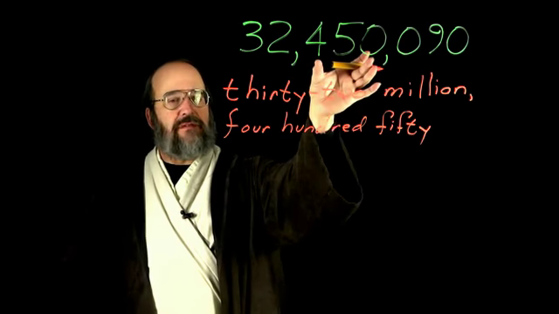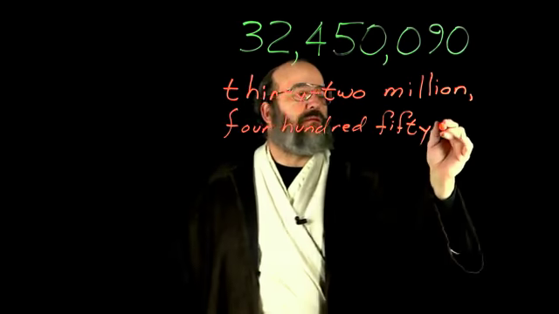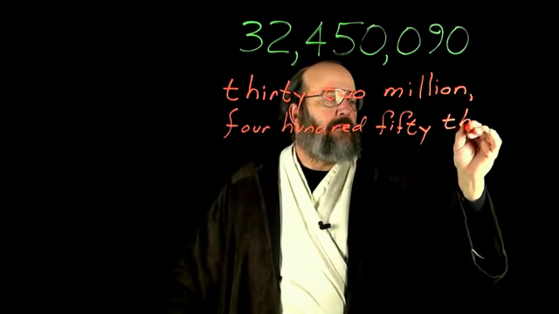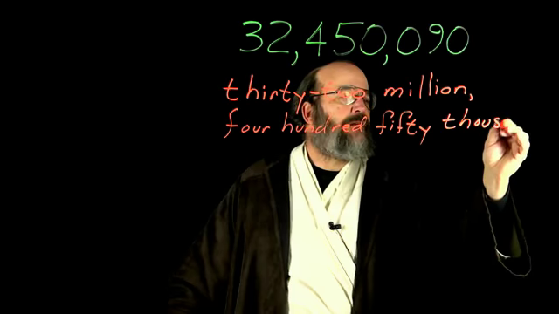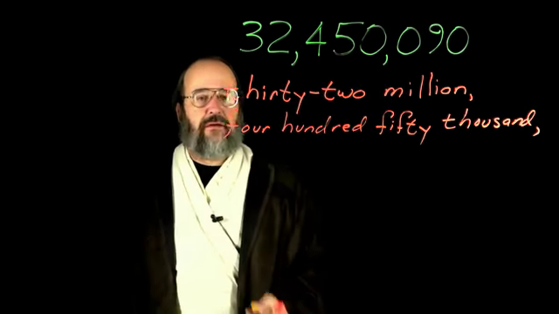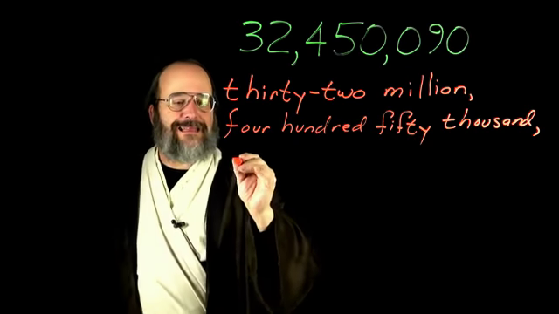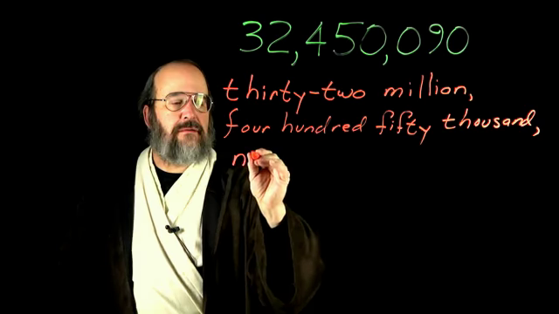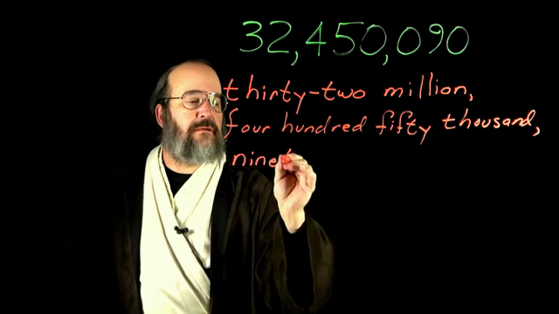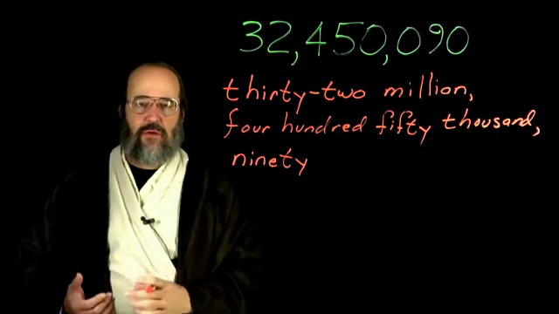Now, what's the period that we're in here? Ones, thousands, so we write thousand. Put in a comma, just like what we have here. Now we go to the ones, what do we have here? 90. And that's where we can stop. We don't need to put in the ones.